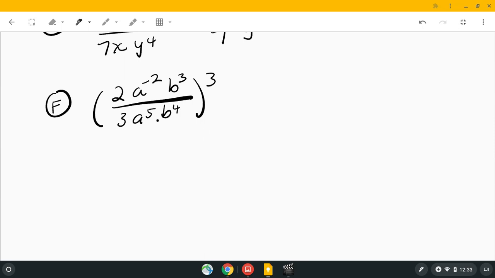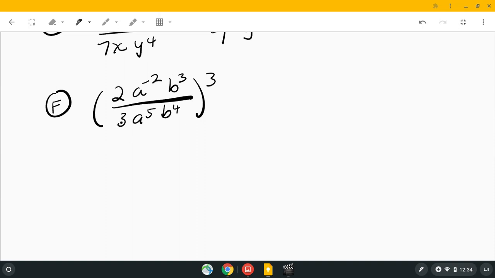You know you're done with simplifying this problem when you have only one of each variable. Like here we have 2 A's, here we have 2 B's, so we know we're not done. And you don't have this power hanging around outside. It gets used. And you don't have any negative exponents. So clearly this is not simplified.